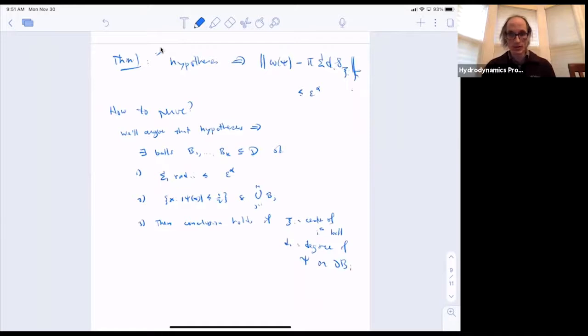Okay, so we'll argue that the hypotheses imply that there are a bunch of small balls, and outside those small balls, the modulus is bigger than 1/2. Then we will argue that this implies this vorticity concentration statement.